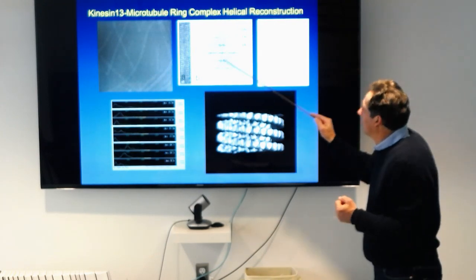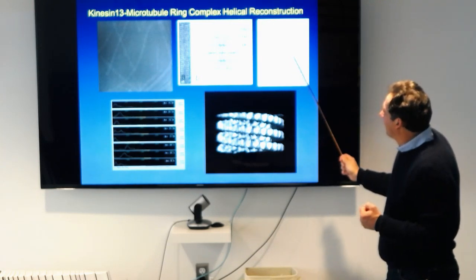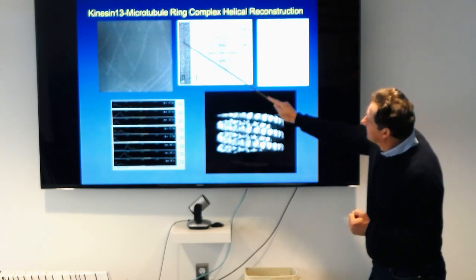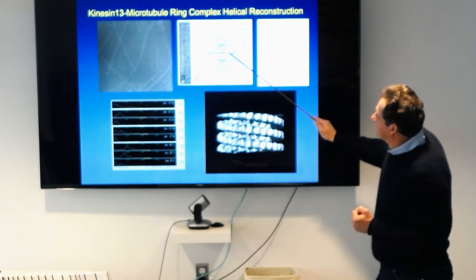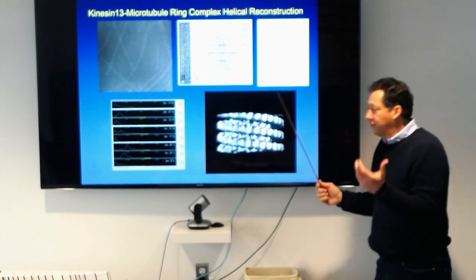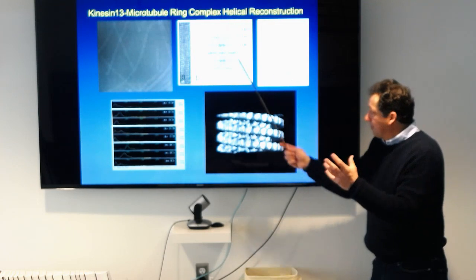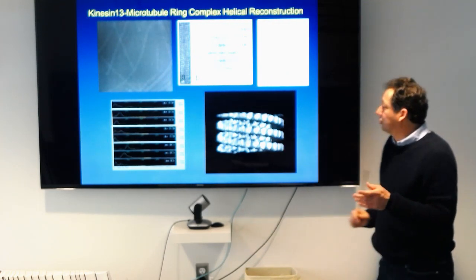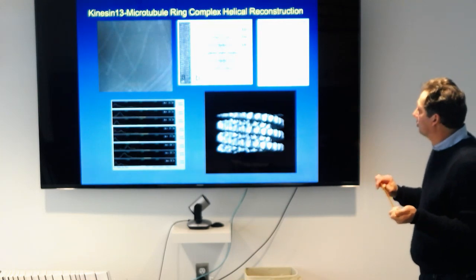So here, same procedure. The only thing that I added here is that this is the microtubule. This is the diffraction pattern, and this will be the projection of the particular helix that corresponds to this microtubule.